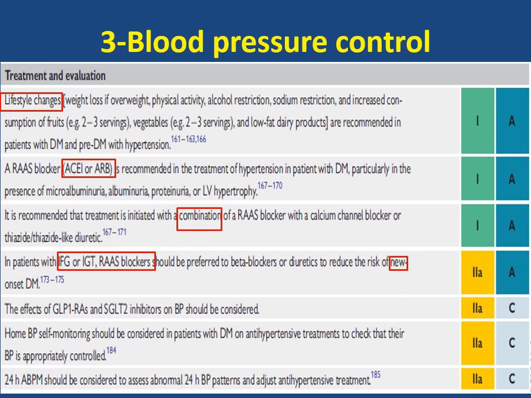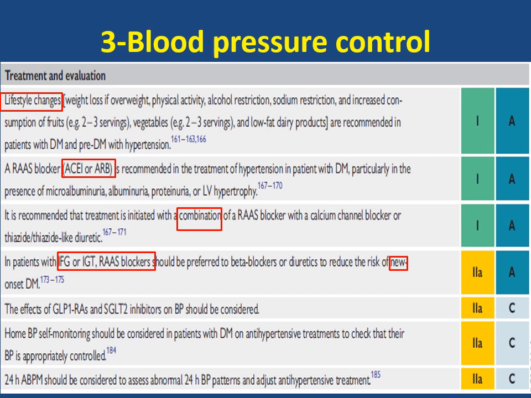In addition to lifestyle changes, diet, exercise with weight reduction, and smoking cessation, the recommended drug is a RAS blocker, especially in the presence of microalbuminuria or left ventricular hypertrophy.